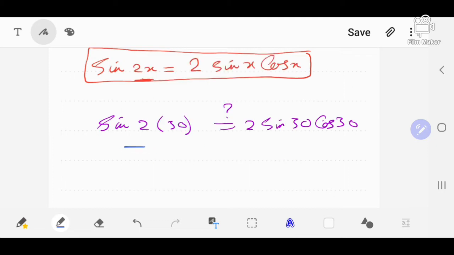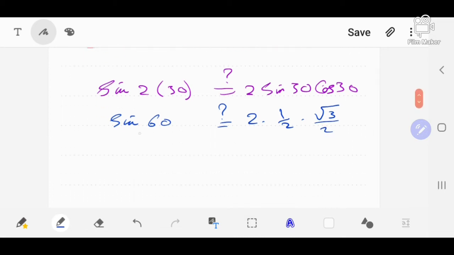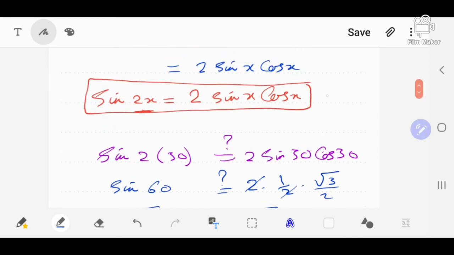This means sine 60, and this side means 2 times sine 30, which is half, times cosine 30, which is radical 3 over 2. Sine 60 is equal to radical 3 over 2. Here, half times radical 3 over 2 times 2 can be simplified, so it is actually equal to radical 3 over 2. And this means that our identity here is correct. Sine 2x is equal to 2 sine cosine.